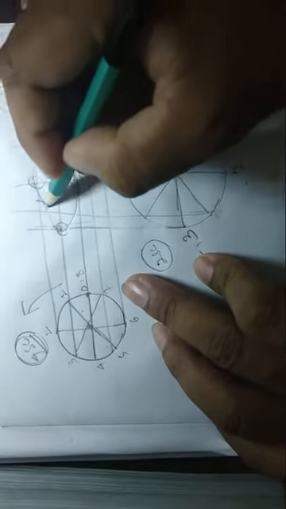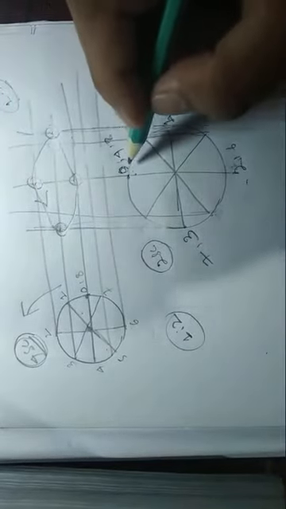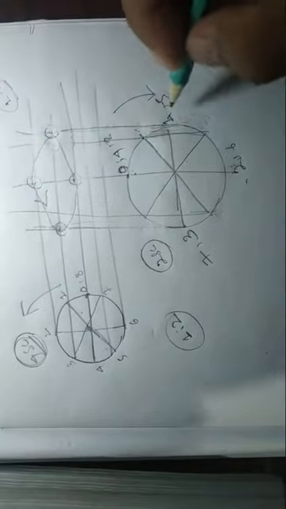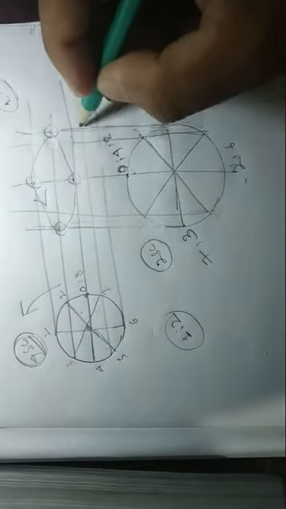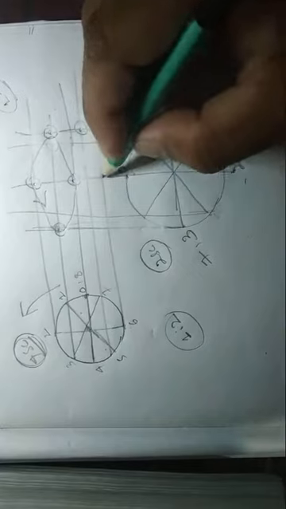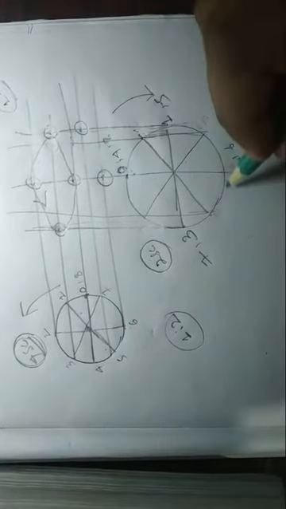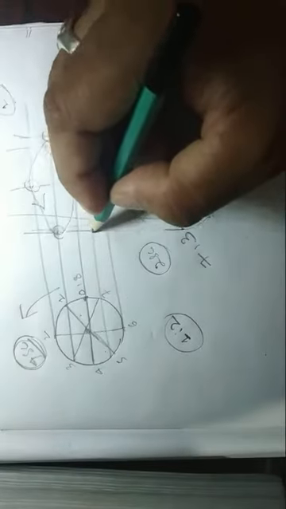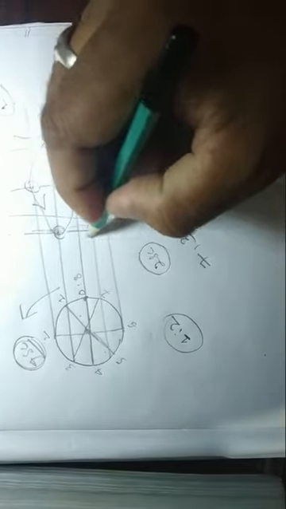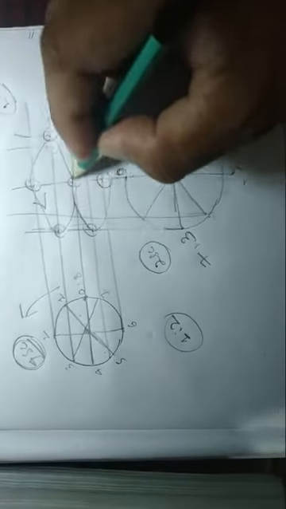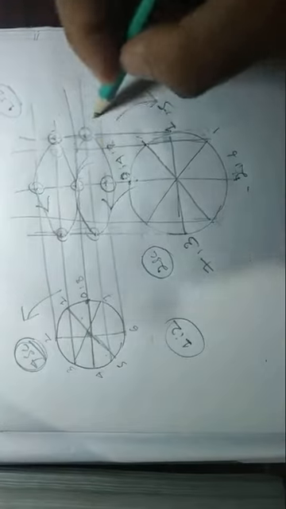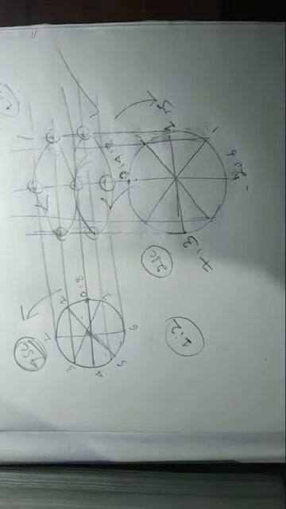Then 4, 4, 5, 5, 6, 6, 7, 7. So this is for 0 phase difference.